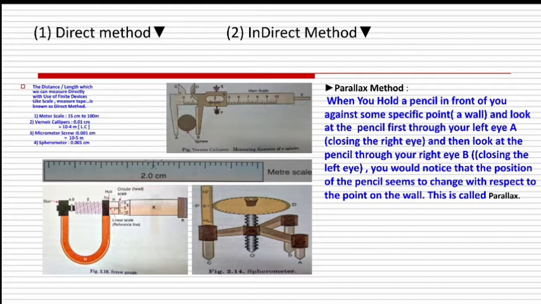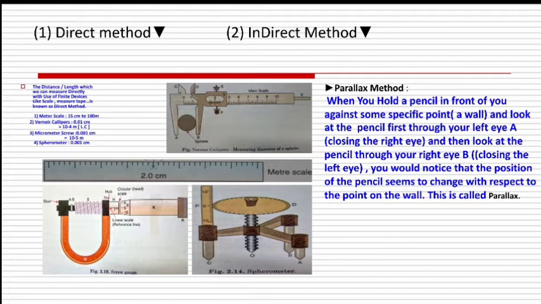So in this parallax method, generally we take one object and our eyes see this object in two dimensions. But if you close one eye, then there is one dimension, so you can see the pencil in one direction. In the same way, if you close the second eye and open the first eye, then you can see the pencil in the other direction.